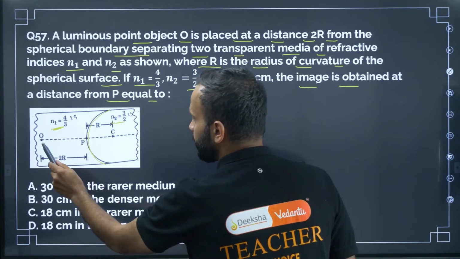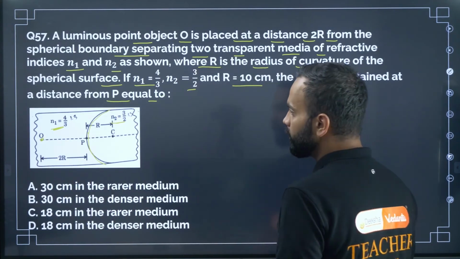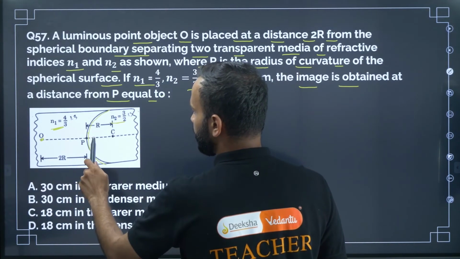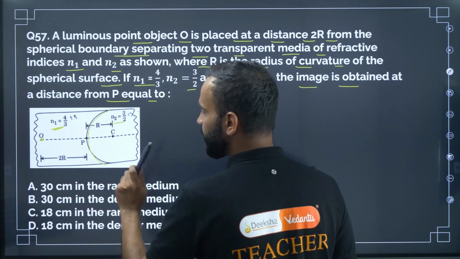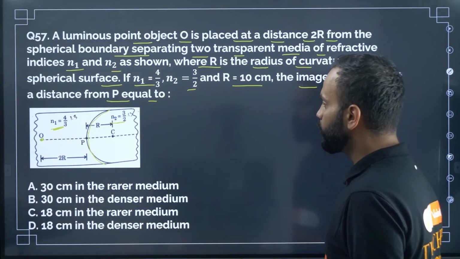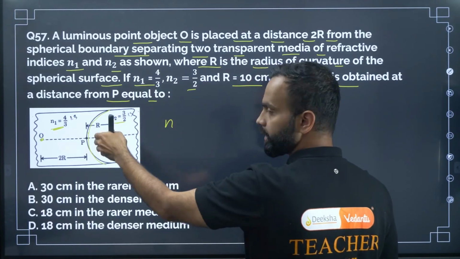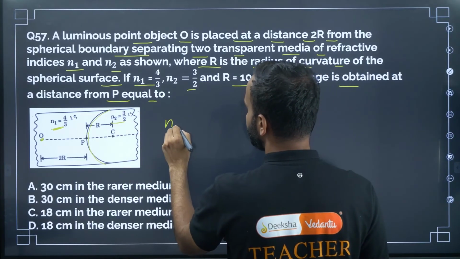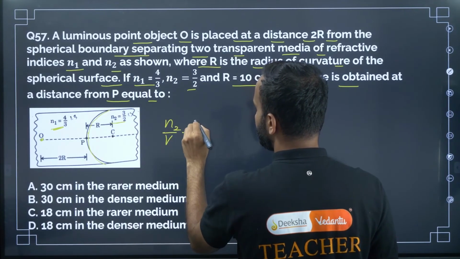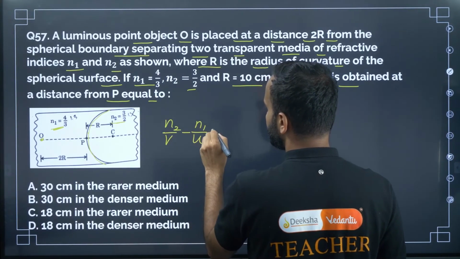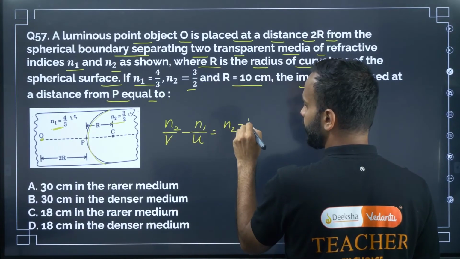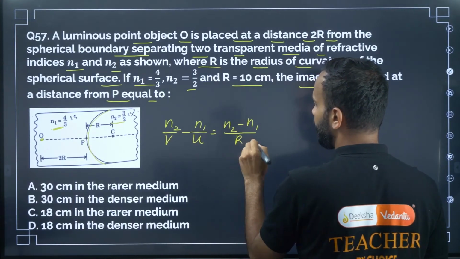So this is the point object O, 2r distance from P. Here we need to apply the formula for a curved surface: n2 divided by v minus n1 divided by u equals n2 minus n1 divided by r.